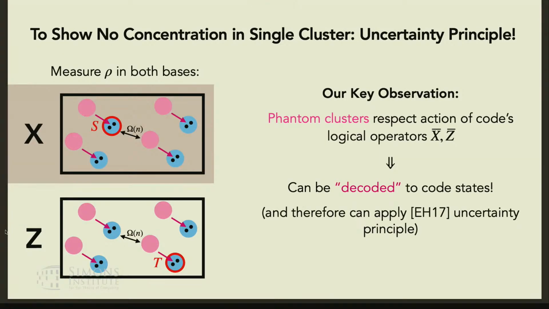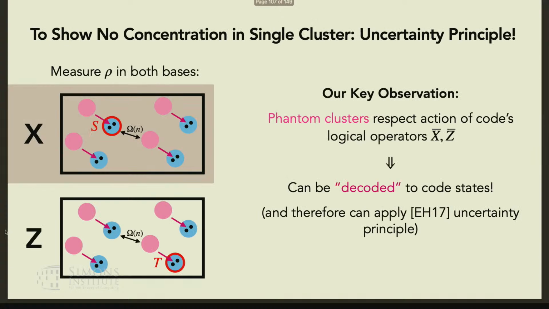Somehow this decoding channel is enough to run the Elder-Harrow argument. It's enough to plug into the Elder-Harrow uncertainty principle and conclude that we can't be concentrated within a single cluster in both bases. So really all we need to observe is that phantom clusters respect the code's logical structure.